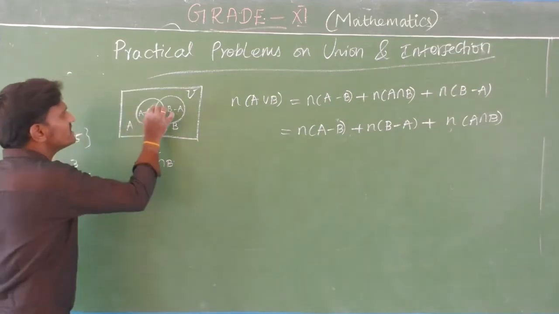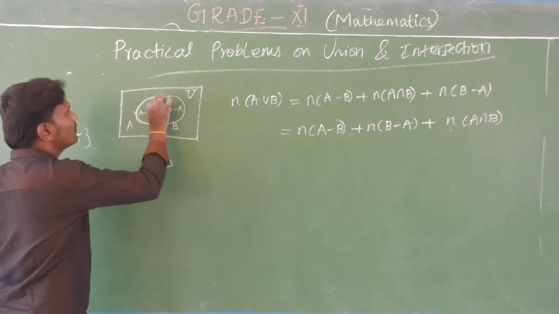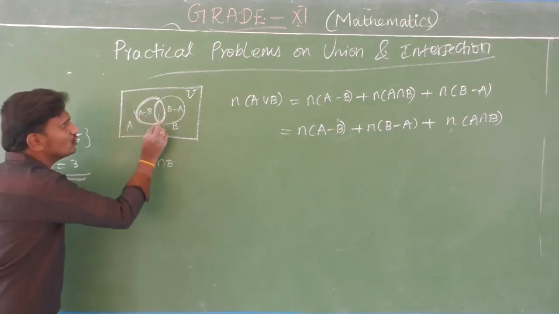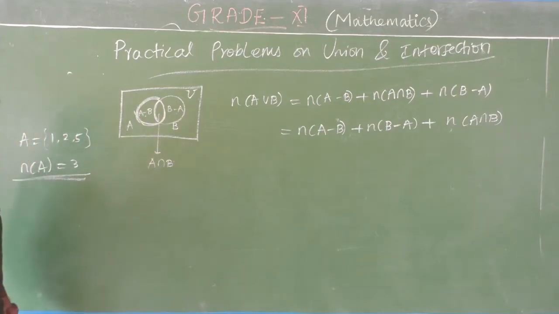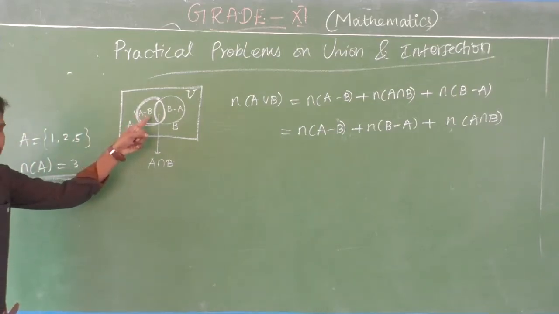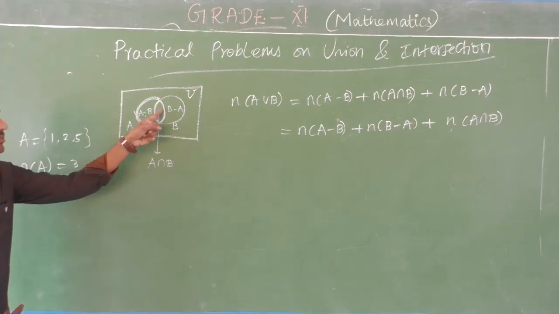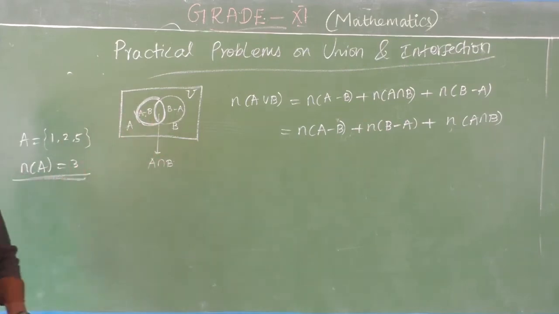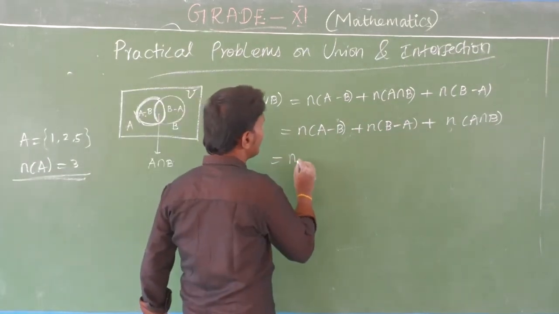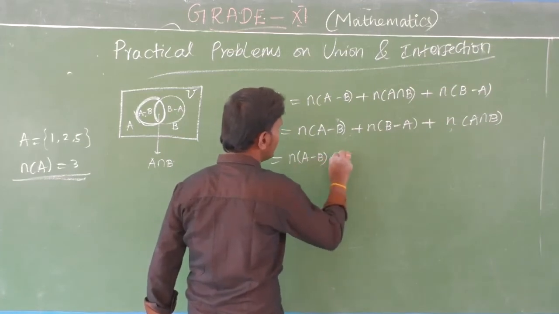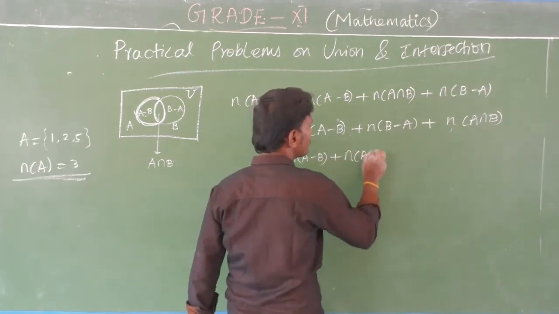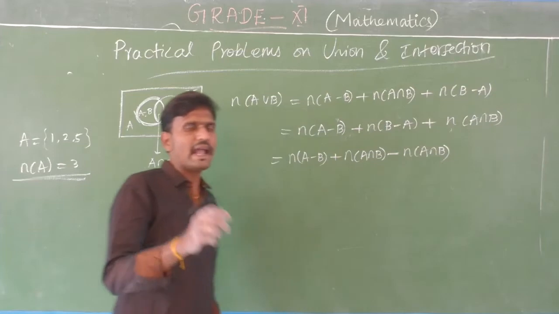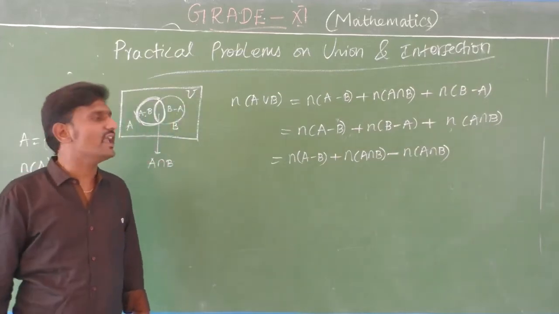Okay. So this is the place for A minus B and this is the place for A intersection B. If I add these two to get A, yes or no? Have you got it? If I take these two together, which is a union, we get n of A. So for that purpose, I am taking n of A minus B plus n of A intersection B, then minus n of A intersection B. So add and subtract the term n of A intersection B. Why?